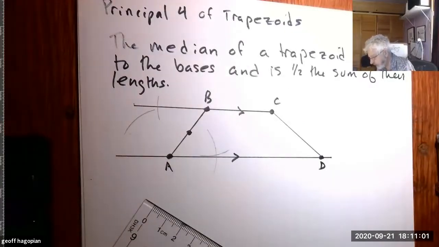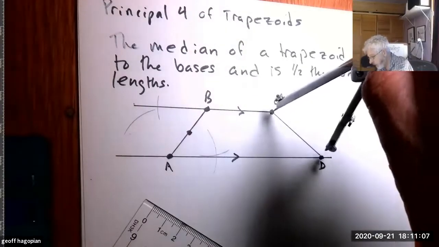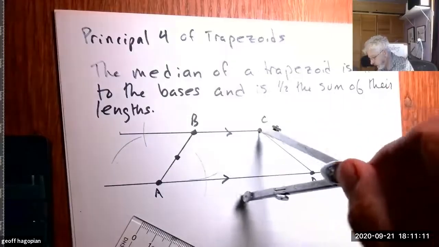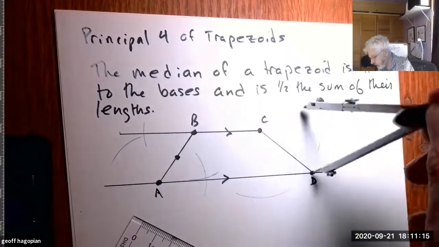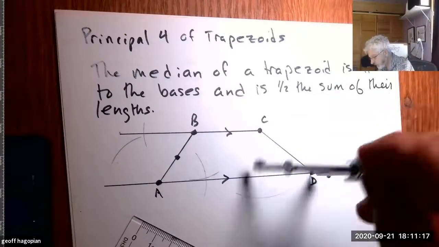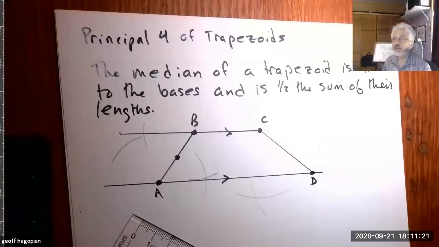You want to do the same thing over here? Yes, you do. Of course you do. So I make a bit of an arc here, make another little bit of an arc here. We'll repeat this when we do circles. Right, so you can't really see the arcs up there.